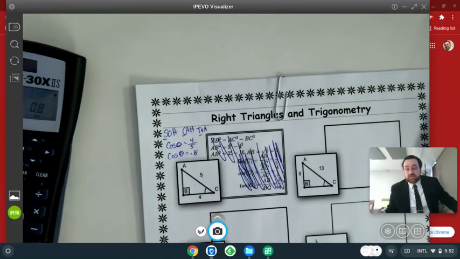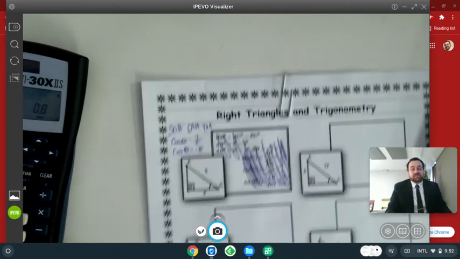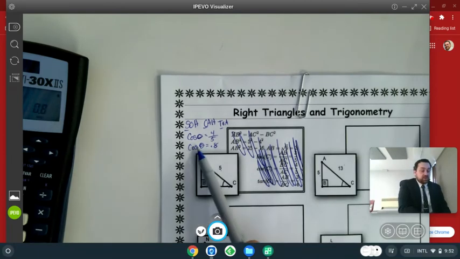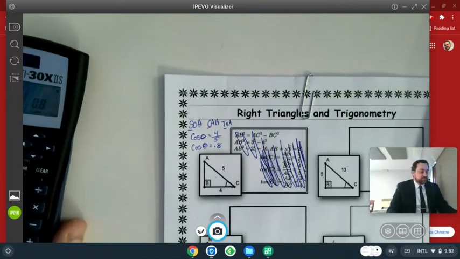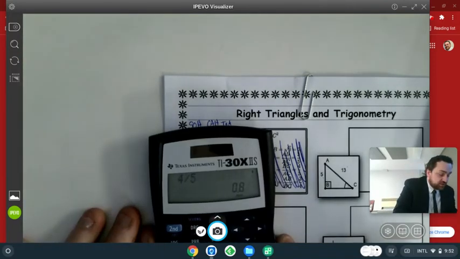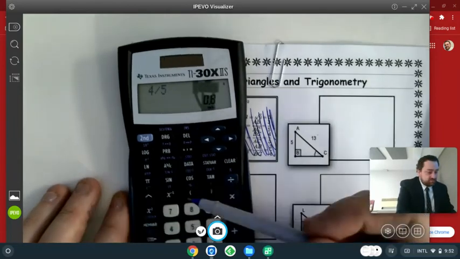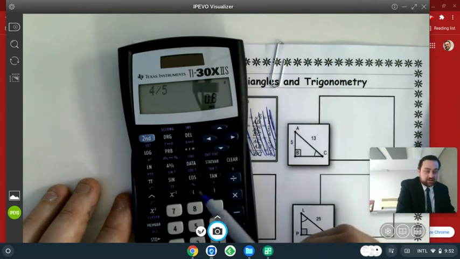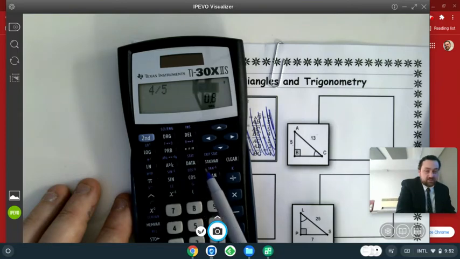Now what I don't want to do here is find the cosine of 0.8, because that will not give me my answer. What I'm trying to find is, if I hit cosine of some number, what is going to give me 0.8? And so the way to do that is to find the inverse cosine of 0.8. On this particular calculator, I have my sine, cosine, and tangent buttons. But above them, with my shift key, is my inverse sine, my inverse cosine, and my inverse tangent.